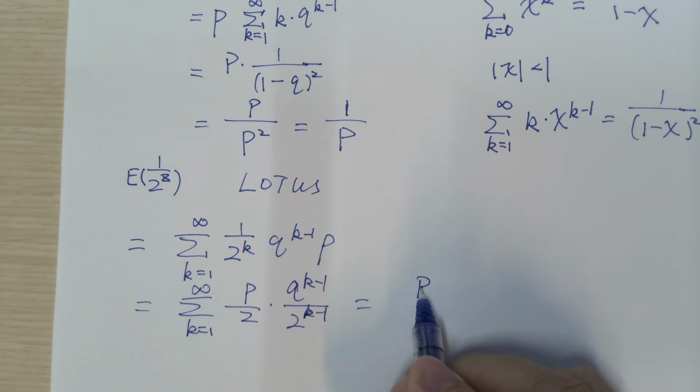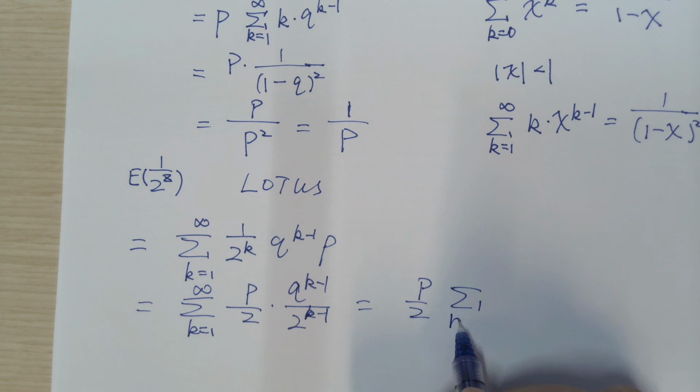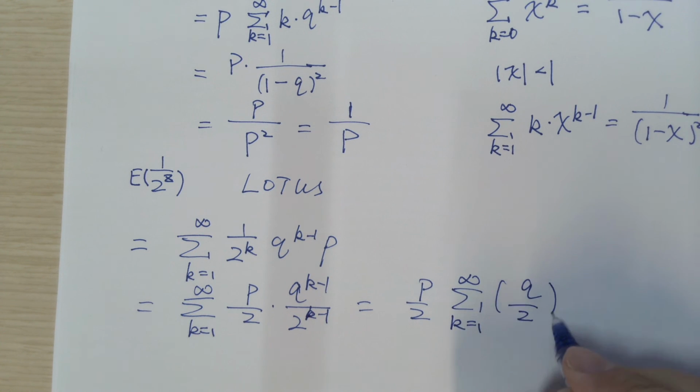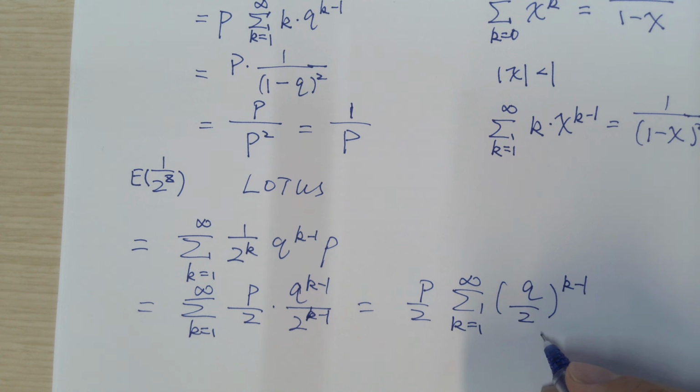Realizing that, we can factor p over 2 outside, the sum k from 1 to infinity of (q over 2)^(k-1). And of course, q over 2, do you realize that this number is also between 0 and 1?